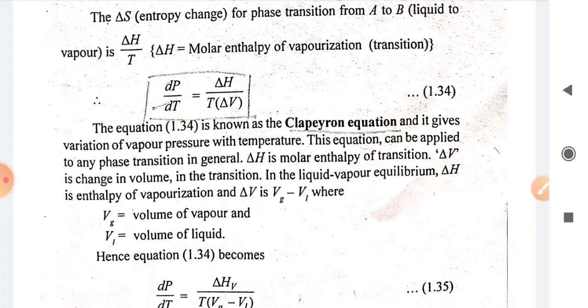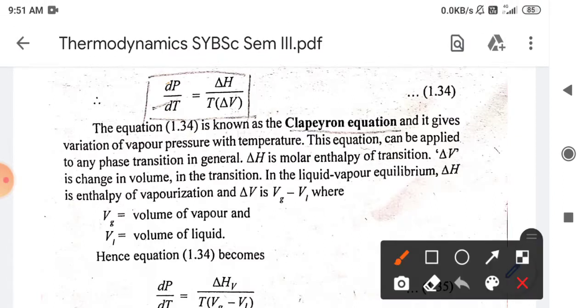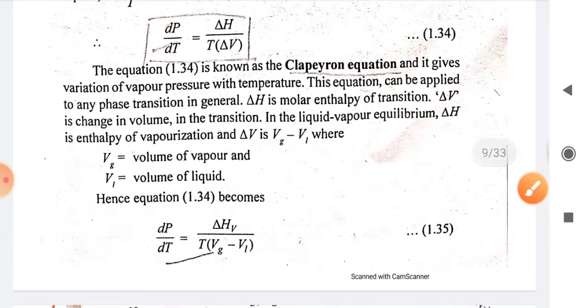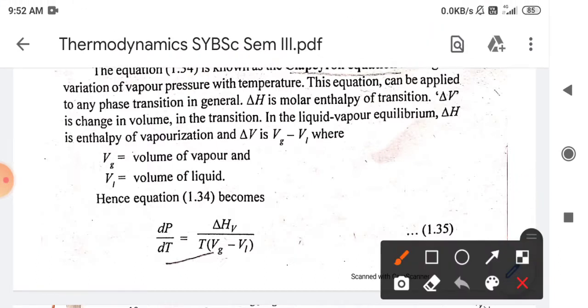If delta H is the molar enthalpy of transition and delta V is the change in volume, in the case of liquid-vapor equilibrium, this delta H is nothing but the enthalpy of vaporization. So delta H is the enthalpy of vaporization due to the change of liquid to vapor phase, and the volume delta V will be the difference in the volume of gas and the volume of liquid, that is Vg minus VL.